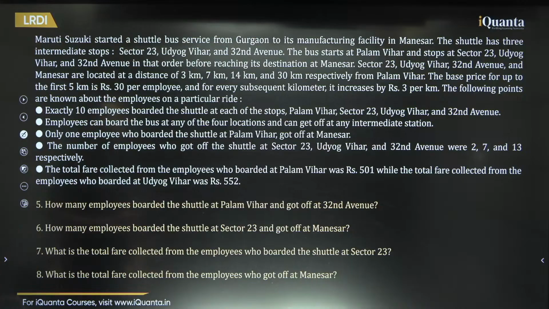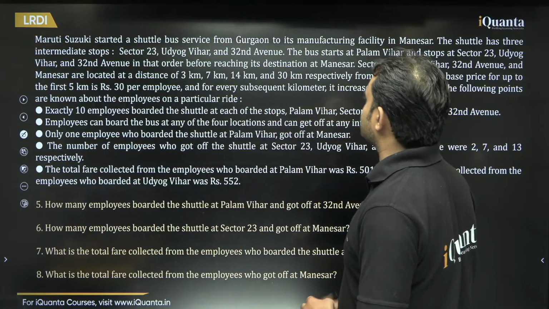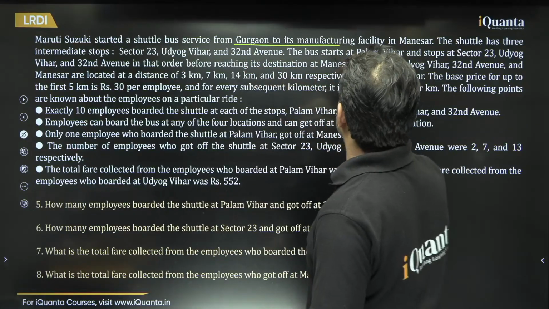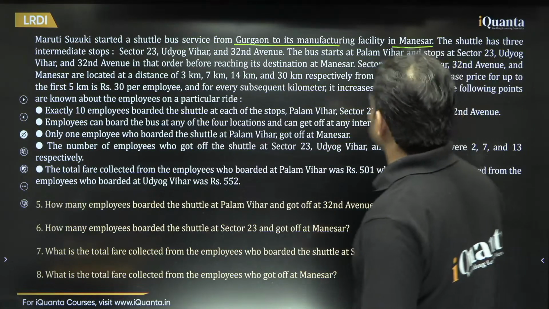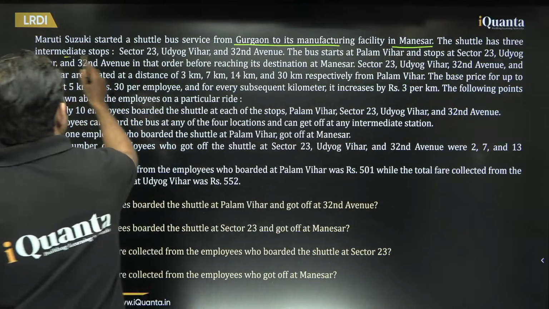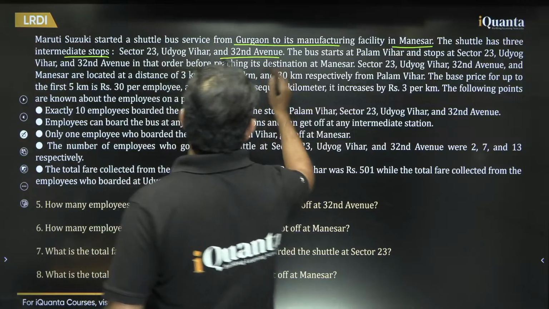So, let's try this. It says Maruti Suzuki started a shuttle bus service from Gurgaon to its manufacturing facility in Manesar. The shuttle has three intermediate stops: Sector 23, Udyog Vihar, 32nd Avenue.